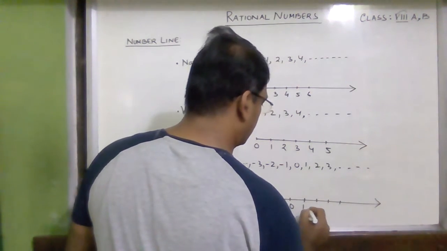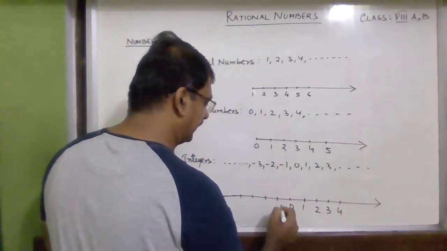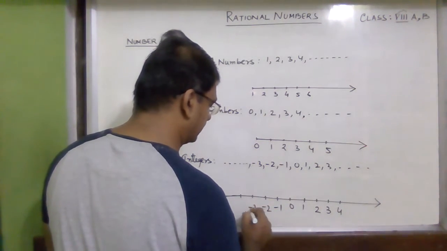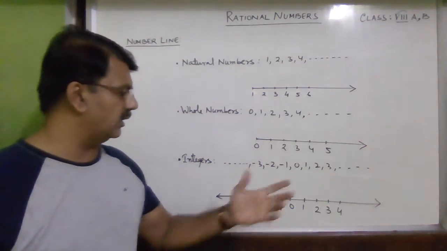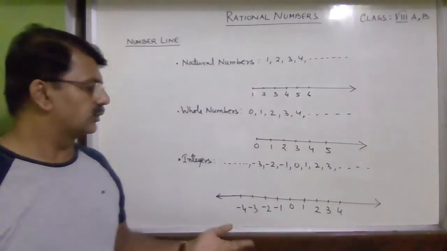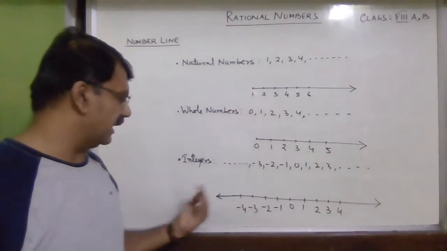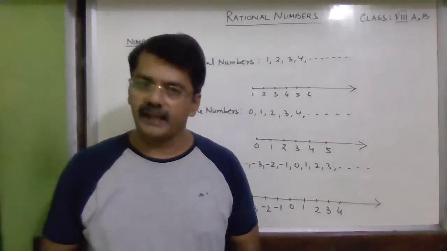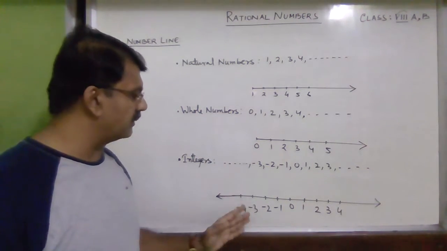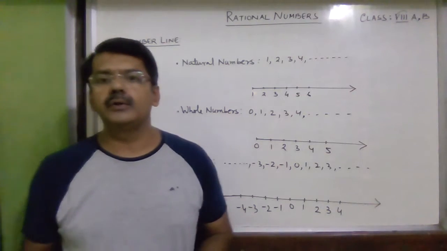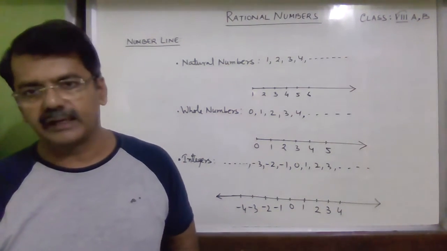So it is 1, 2, 3, 4, and so on, -1, -2, -3, -4, and so on. Add an arrowhead on either side of the line, showing that on the positive side it is going to infinity, and on the negative side also it is going to infinity. So this is the number line for integers.